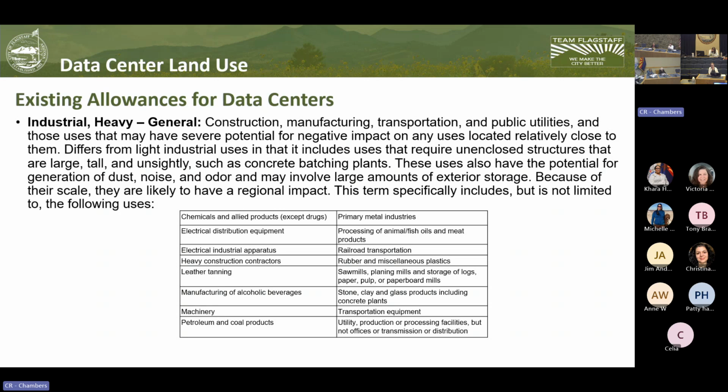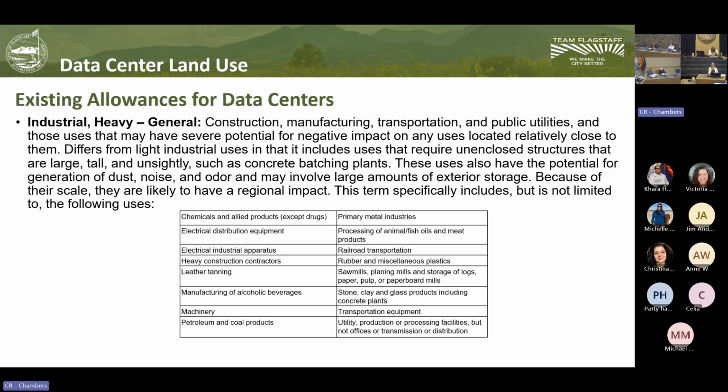Differs from light industrial uses in that it includes uses that require unenclosed structures that are large, tall, and unsightly, such as concrete batching plants. These uses also have the potential for generation of dust, noise, and odor, and may involve large amounts of exterior storage. Because of their scale, they are likely to have a regional impact.